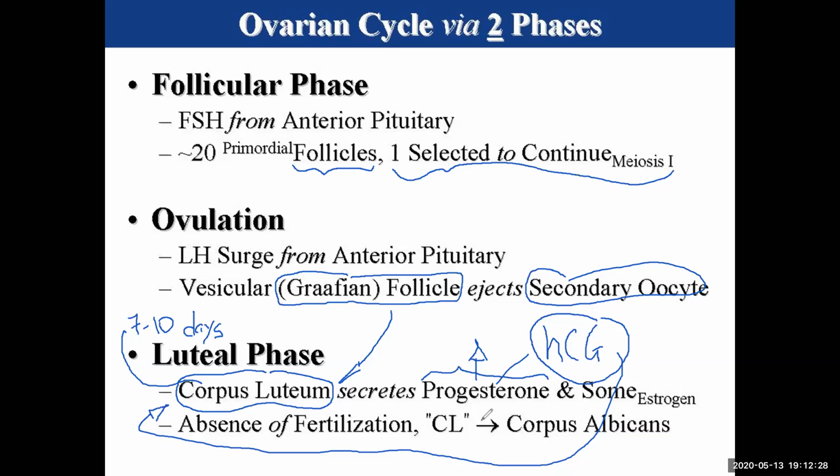So this is a chemical system. The human chorionic gonadotropin produced by the endometrium and later by the placenta makes sure that the corpus luteum remains active, especially for the first 8 weeks, because the corpus luteum maintains the embryo for the first 8 weeks.